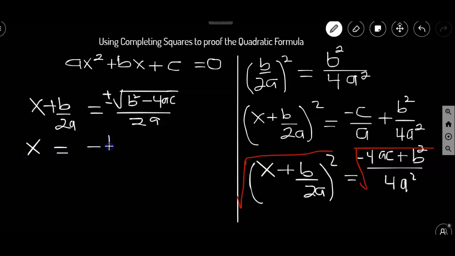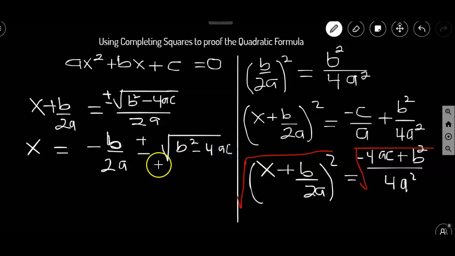So x equals minus b over 2a plus or minus the square root of b squared minus 4ac, all divided by 2a.